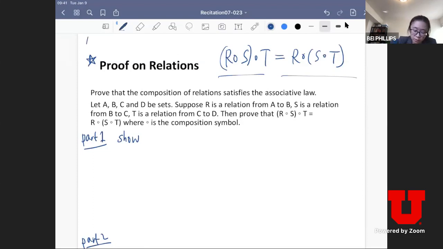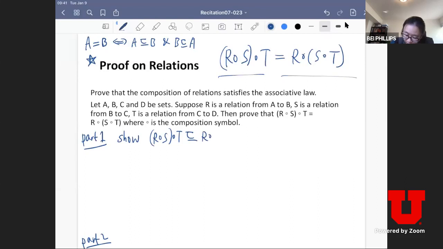Remember, if I want to show two sets A and B are equal, I need to show A is a subset of B and B is a subset of A. So in this case, you want to show the left-hand side is a subset of the right-hand side. I'm treating all those compositions of relations as sets of ordered pairs. So they are set relations. The second part is I want to show the right-hand side is a subset of the left-hand side. So that is a high-level picture.